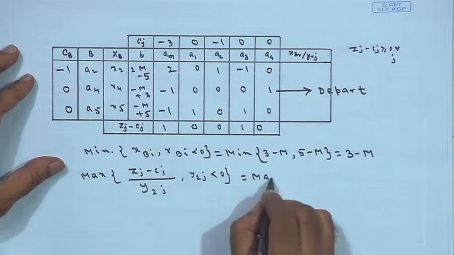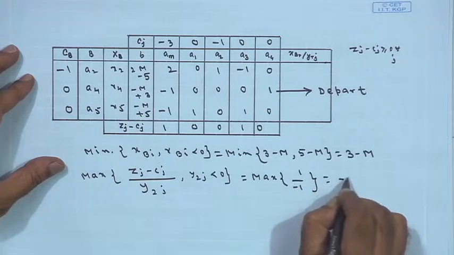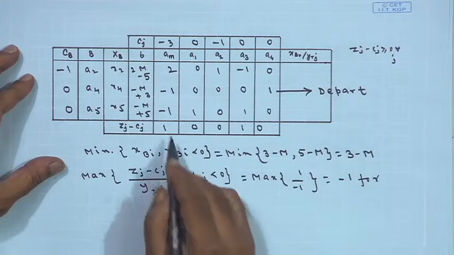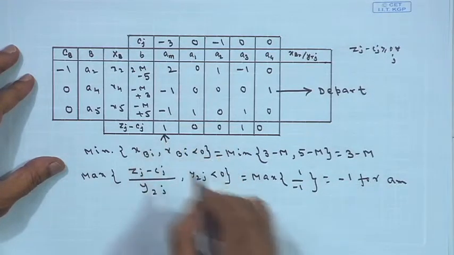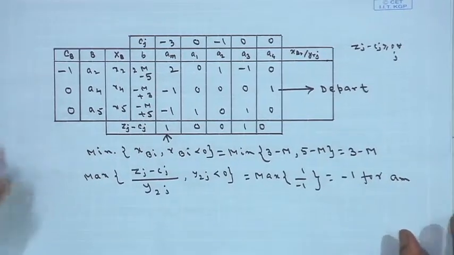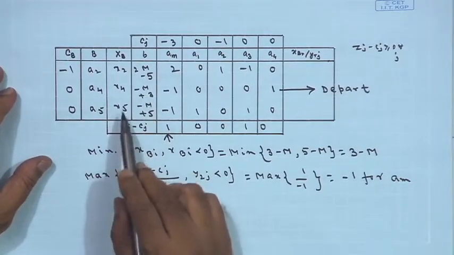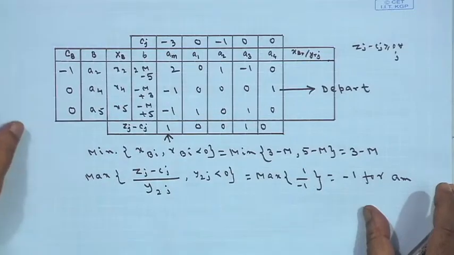So, it is the maximum of 1 by minus 1. So, it is minus 1. This corresponds to AM. So, therefore, AM will enter into the basis in the next iteration and A4 will go out. Fine. I think it is quite clear that A4 will go out from this table now.